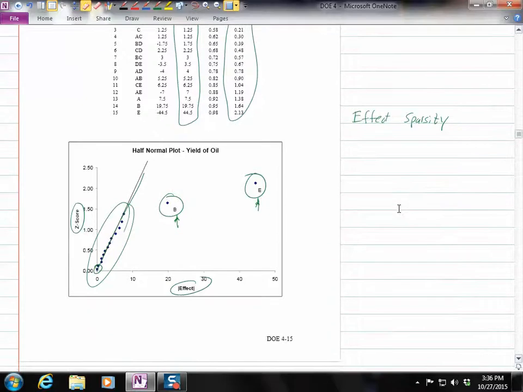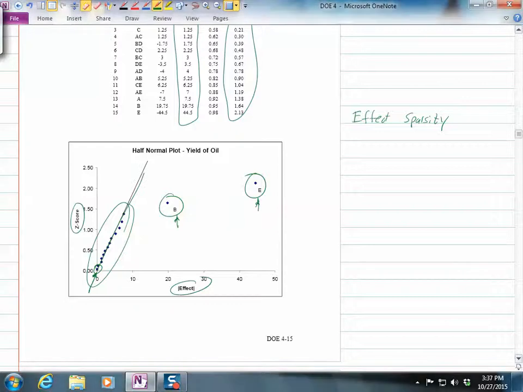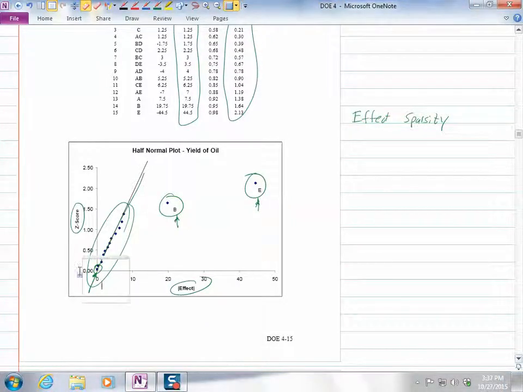So again, a half-normal plot is better than a normal plot for this purpose because it anchors that line. In a full normal plot, that line can be difficult to draw sometimes. All right, any questions on that? That's one way of analyzing this set of data.